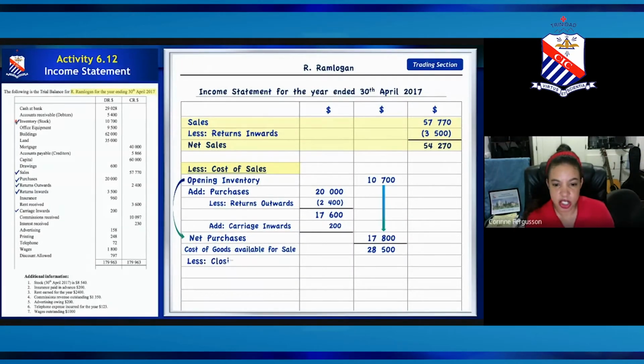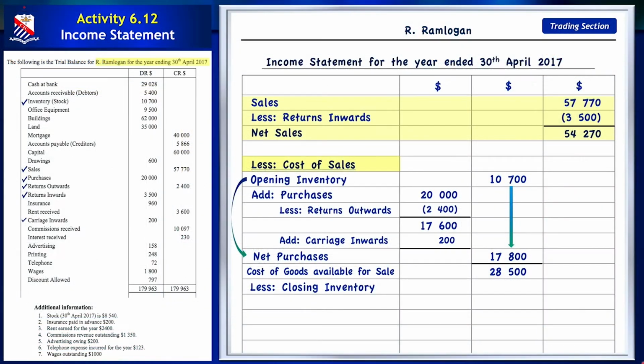You're just going to go on now to the less closing inventory, which is the final part of calculating your cost of sales, and your closing inventory you get in your notes. So it will be that figure down here. Closing inventory 8,540, brackets to signify you're lessing it.